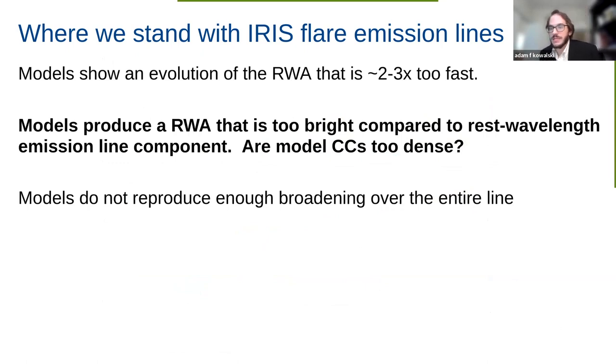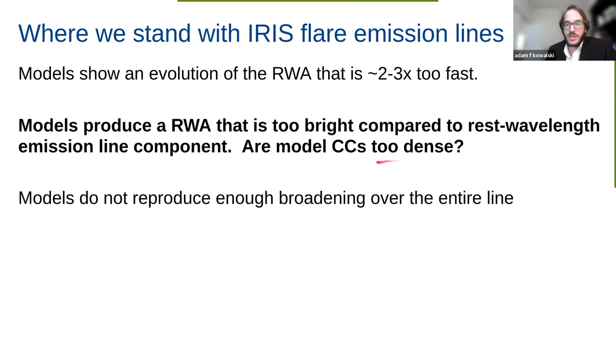The question we ask is, are the chromospheric condensations in our radiative hydrodynamic models too dense? For example, because the flows can only go in one direction, up or down, they're confined, and so you have an accretion of too much mass in a too small vertical area.